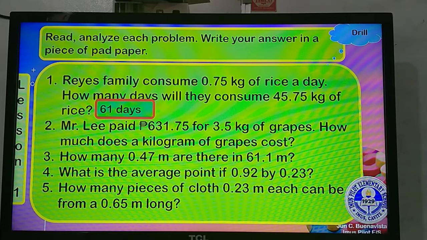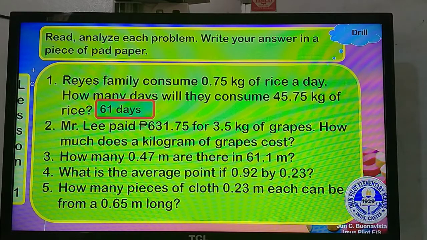Number 2. Mr. Lee paid 631 pesos and 75 centavos for 3 and 5/10 kilograms of grapes. How much does a kilogram of grapes cost? So again, this is a routine problem. 631 pesos and 75 centavos divided by 3 and 5/10.